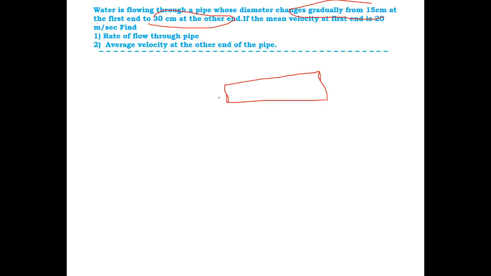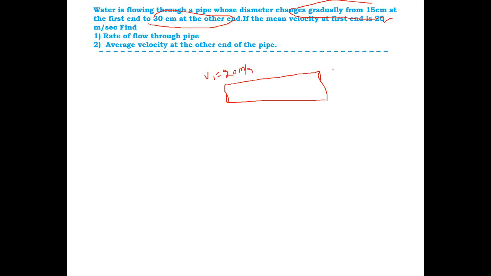Here the velocity is v1, that is equal to 20 meters per second.